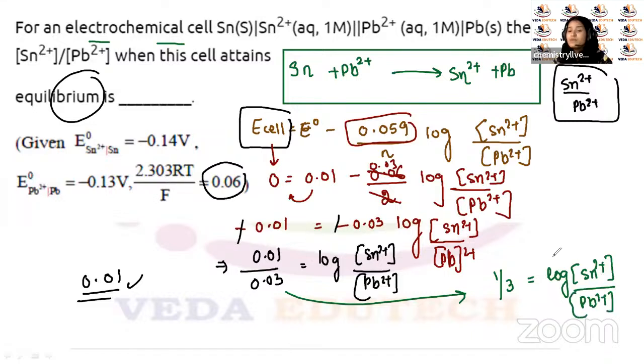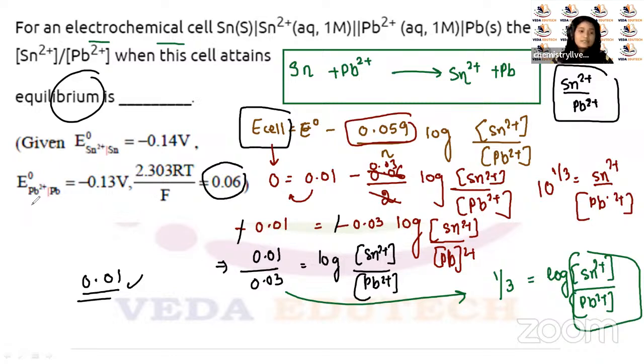Okay. Now, we want only this value, so you have to take the antilog. So this will be 10 to the power 1 by 3 equal to Sn2+ divided by Pb2+, right? 10 to the power 1 by 3 is nothing but the cube root of 10.